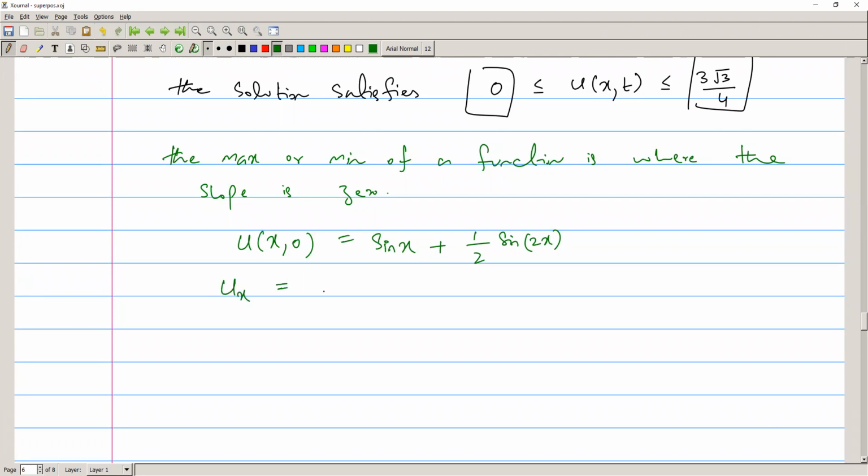So u_x will be equal to cos x plus 1/2 times 2 cos 2x, right? This will cancel out. So u_x will be equal to cos x plus cos 2x, right?